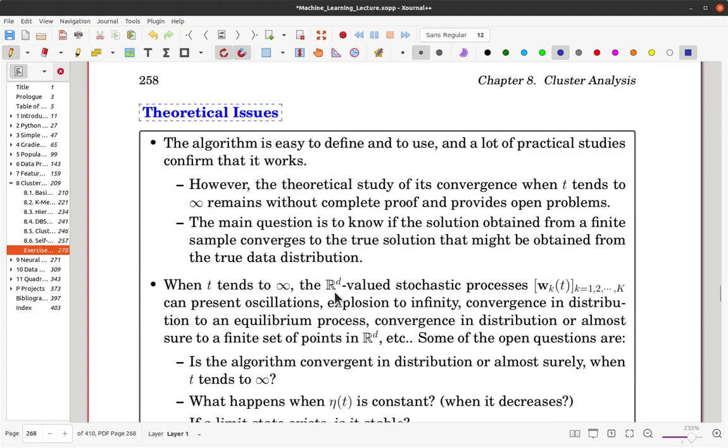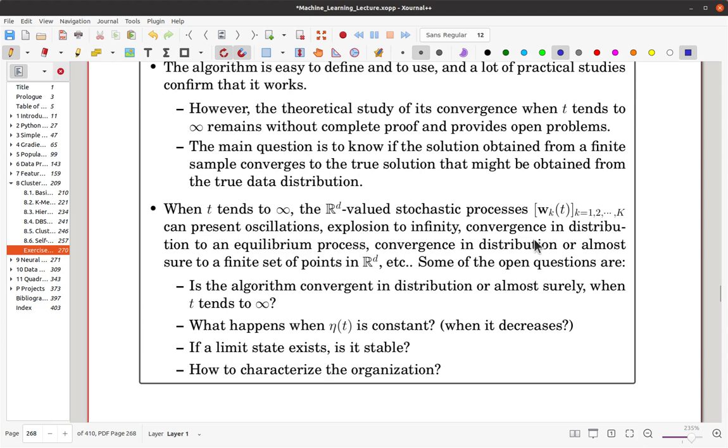There are many theoretical issues. I wrote down many questions here. When t tends to infinity, meaning the number of iterations becomes larger and larger, we have to consider the convergence issues and also equilibrium states.